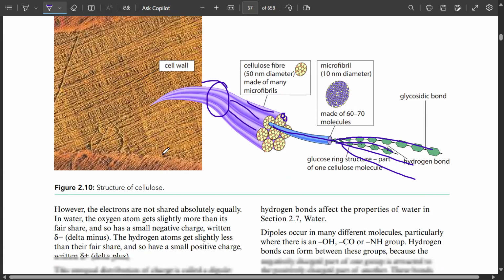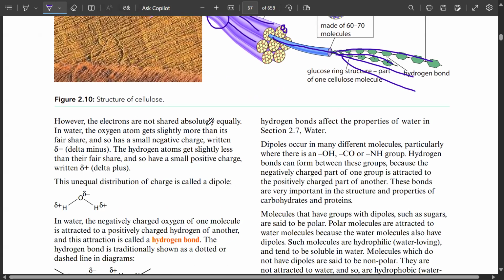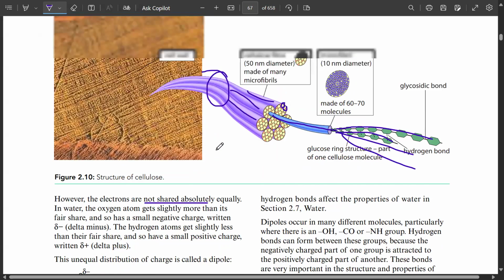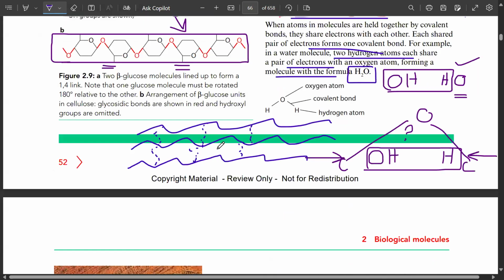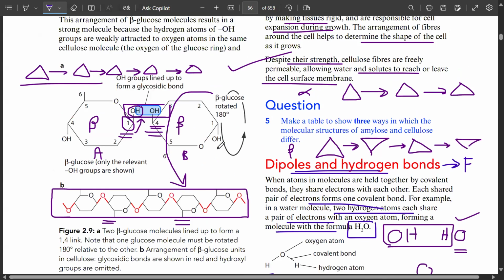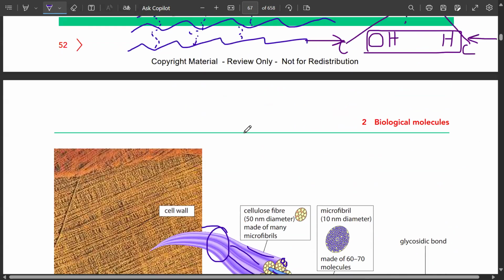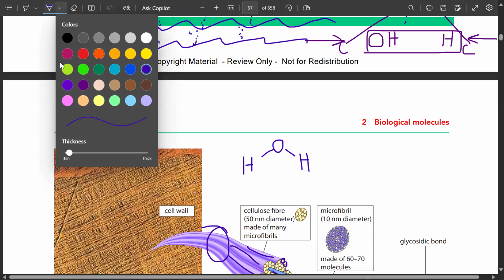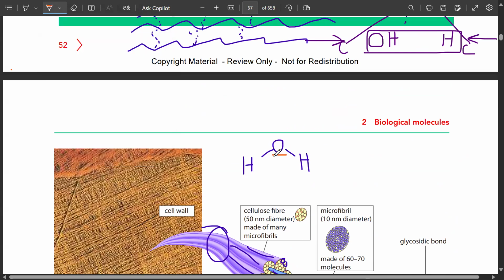However, the electrons are not shared absolutely equally. For example, when these cellulose molecules are in water, the water structure is polar as well. I think we might have covered this in chemistry or maybe not. Polar means what? When there's a highly electronegative element and there are low electronegative elements.